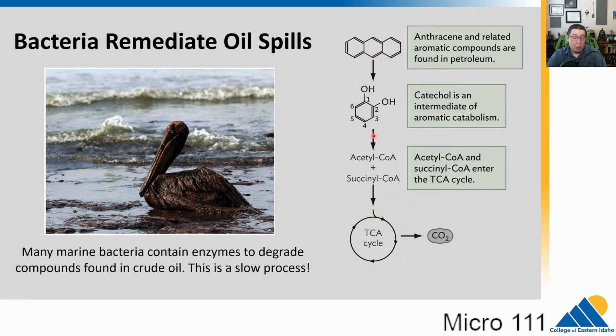So this isn't something we can do, or in fact most bacteria can do, but there are certain microbes that will do this, and they send it to the TCA cycle. So this is like their food, right? Oil is their food because it's an organic molecule. Ultimately, this will degrade the oil in the environment, but depending on how much is released, that might take quite a while.